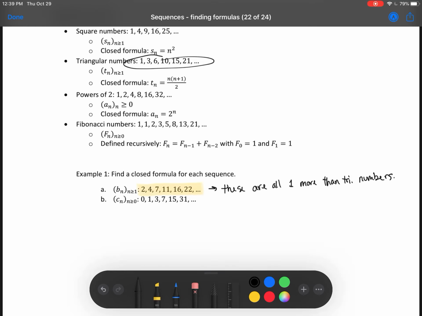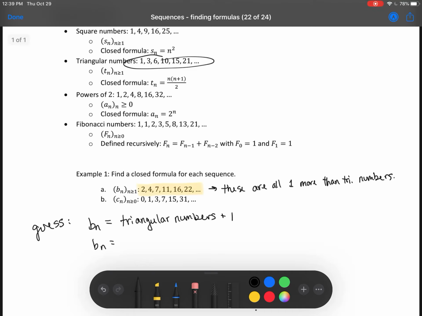Okay, so what does that tell us? That tells us that our guess would be that B sub n is going to be equal to, I'm just going to write this in words first, triangular numbers plus 1, right, since 1 plus 1 gives us 2, 3 plus 1 gives us 4, 6 plus 1 gives us 7, etc.